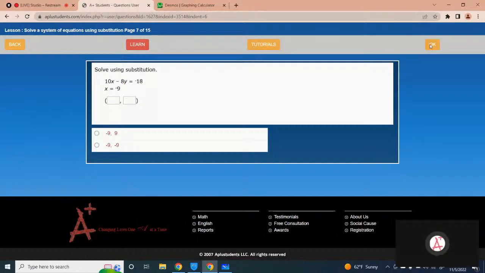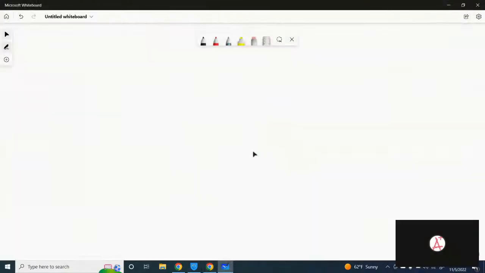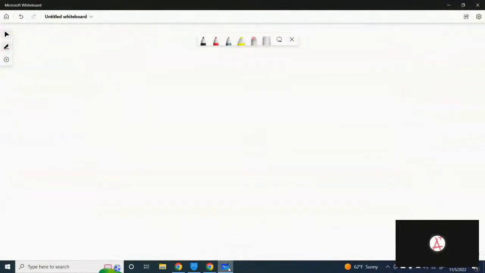10x minus 8y equals negative 18, and x equals negative 9. So both the options have x equals negative 9, so we have to check this one. Got it? 10x minus 8y equals negative 18.